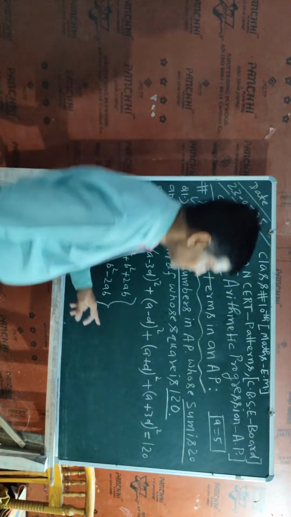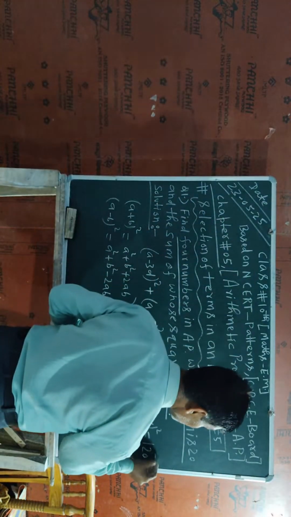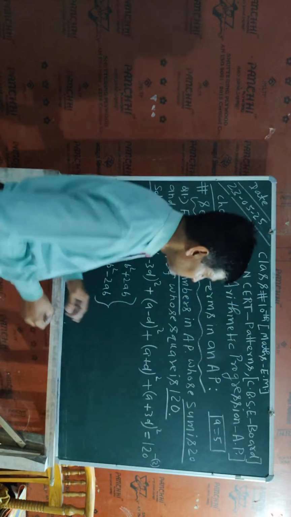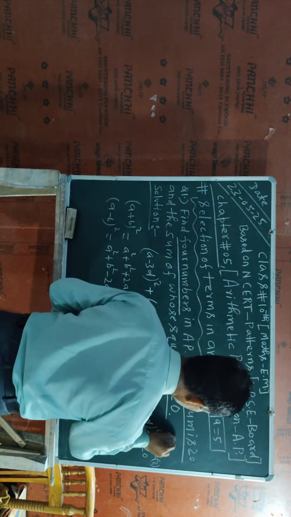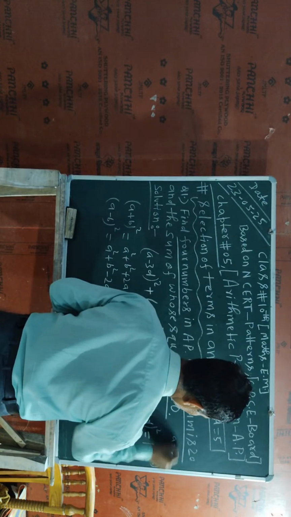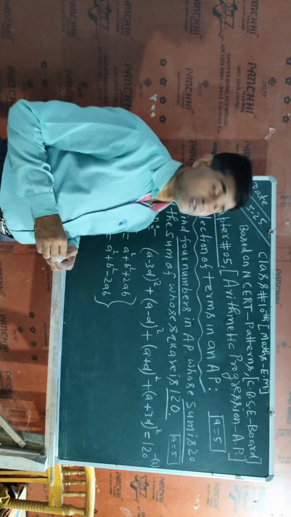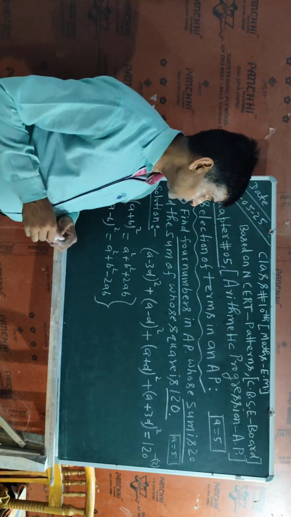I will say this is equation number 2, and equation number 1 I solved previously. After solving, I got the value of a equal to 5. That equation was equation number 1.